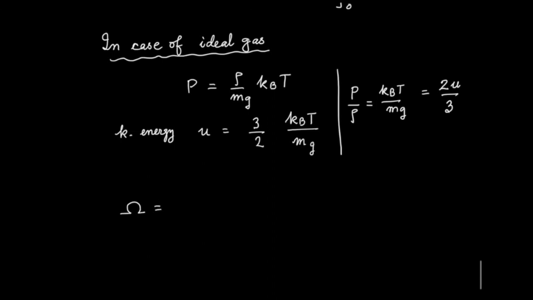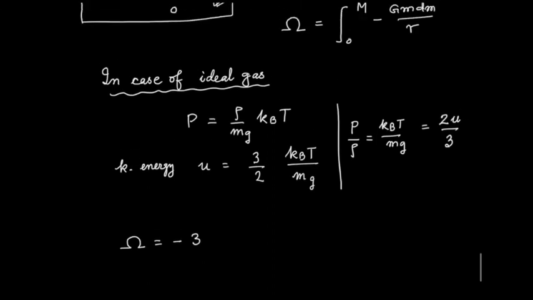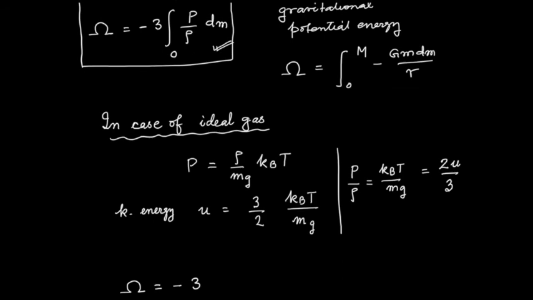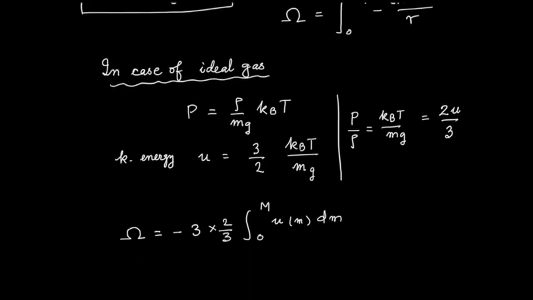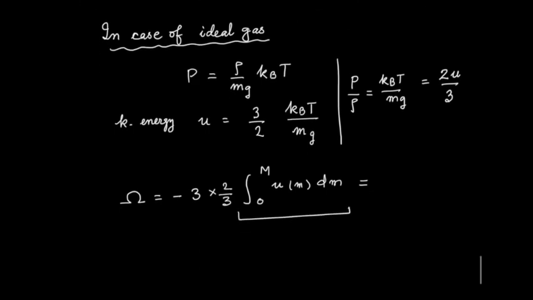So that I can use in my equation here. So I will get omega equals minus 3. P by rho is this, so that has 2 by 3. So I write 2 by 3 here outside. 0 to m u dm. Remember that u is the internal energy per unit mass, so it's a function of m. The right hand side of this expression gives me the total internal energy of the star.